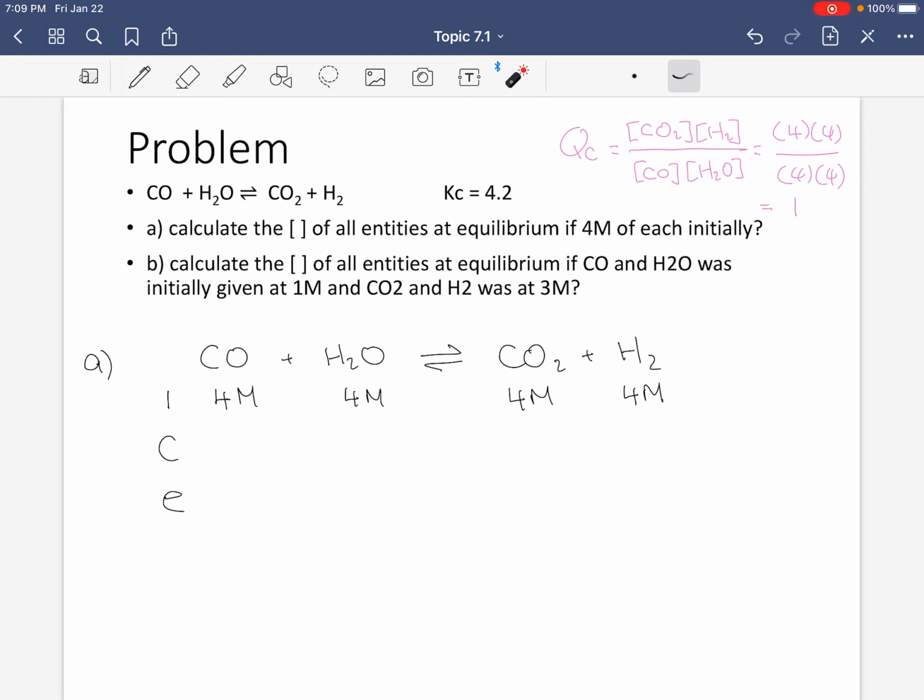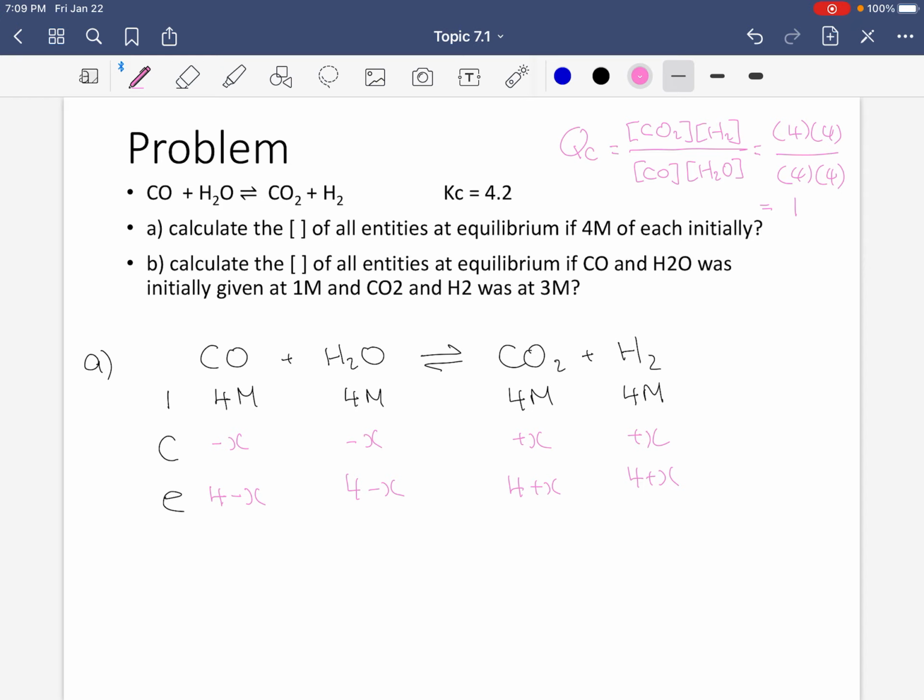So you're going to do exactly what you've been doing. There's still going to be less and less of these, and of course more and more of these. At equilibrium, it's going to be 4 minus x, 4 minus x, and the others should be 4 plus x and 4 plus x.